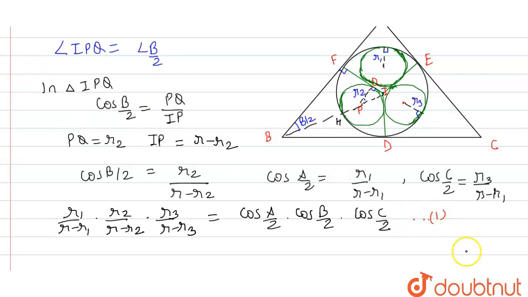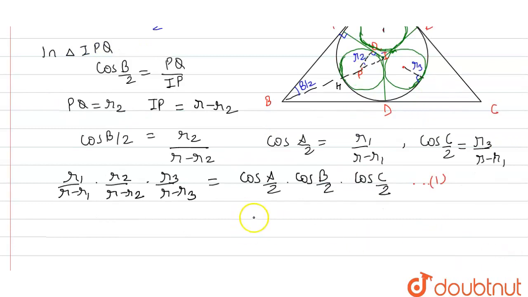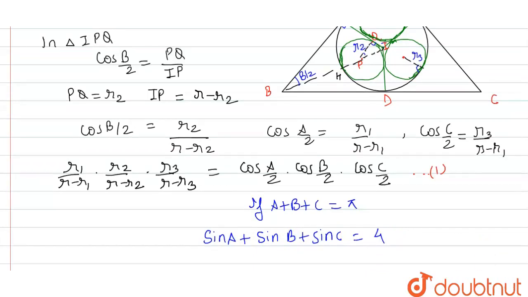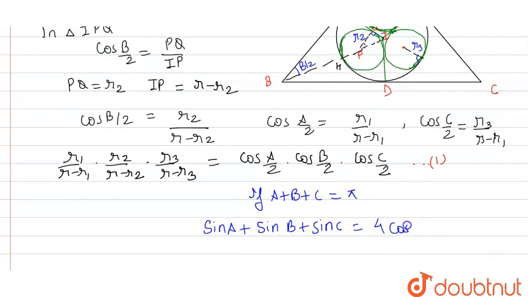Now we know a trigonometric identity. If a plus b plus c is equal to pi or 180 degrees, then sine a plus sine b plus sine c is equal to 4 cos a by 2 cos b by 2 cos c by 2.